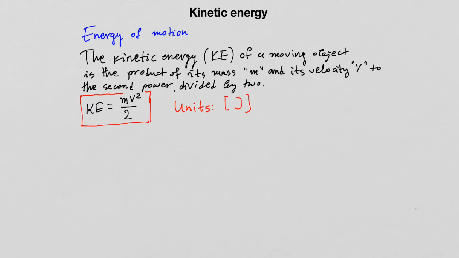In terms of basic units, the joule is simply the product of the units for mass and the units for velocity to the second power. So 1 joule is equal to 1 kilogram times meter squared per second squared.